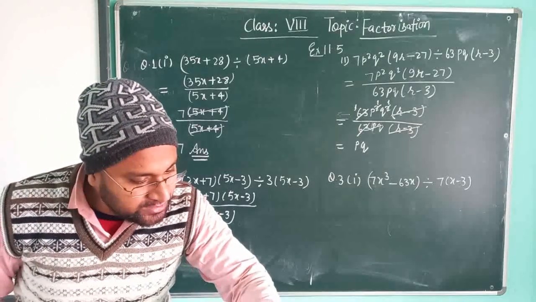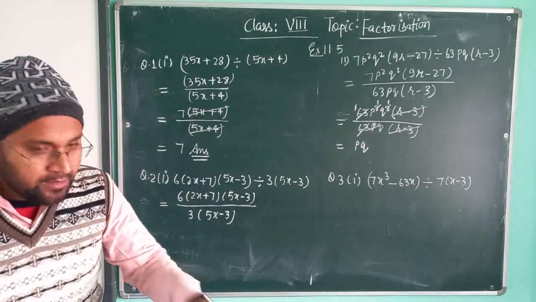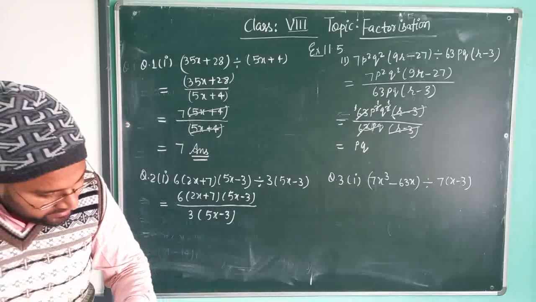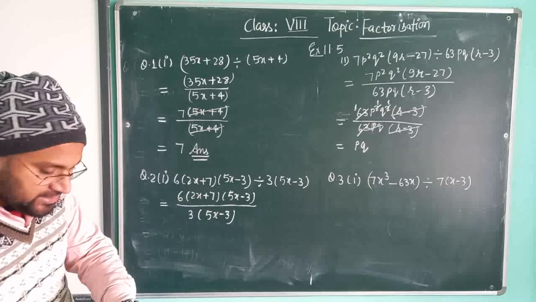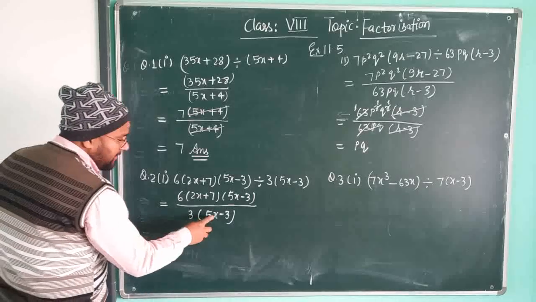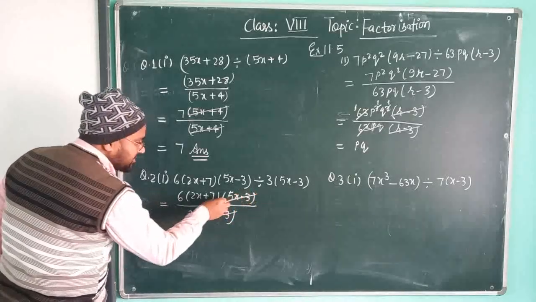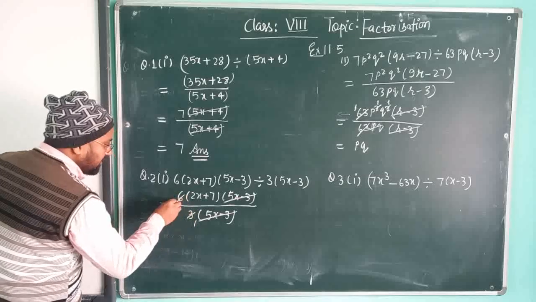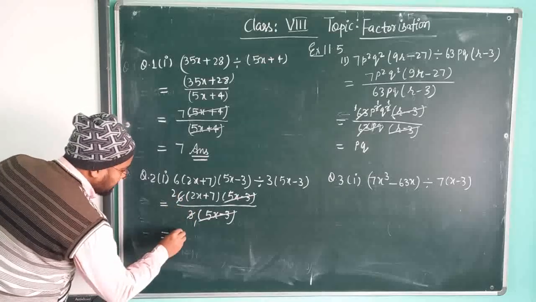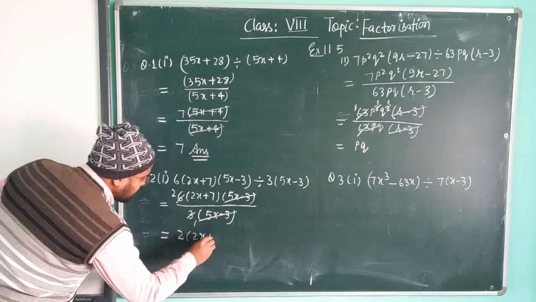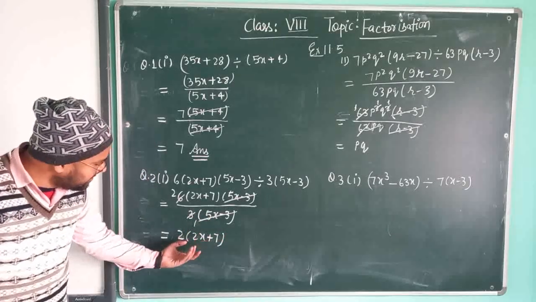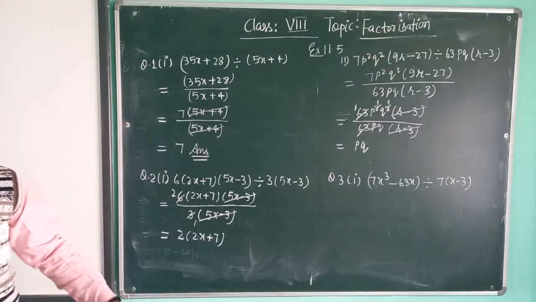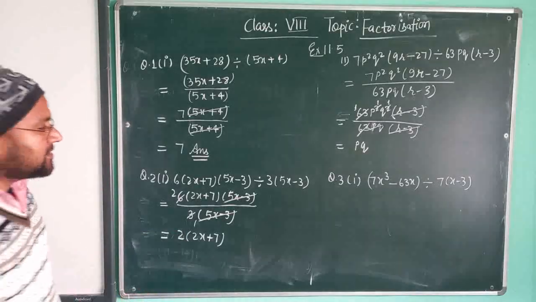Same as it is question. 2x plus 7, 5x minus 3 divided by 3 in bracket 5x minus 3. 5x minus 3 is going to be cancelled out. 3 1s are 3, 3 2s are 6. So 2 in bracket 2x plus 7. If you want to remove the bracket, you can multiply this 2 inside, but take this one. This is your answer. 2 in bracket 2x plus 7.